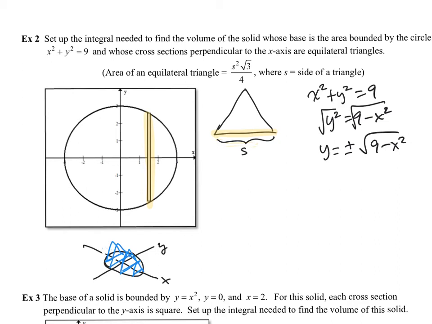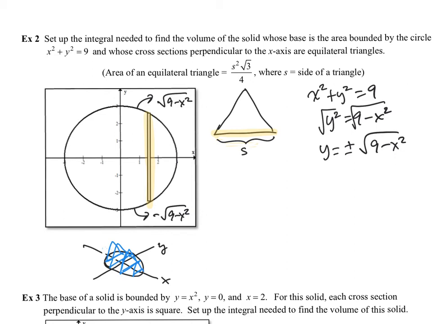In other words, this top part of the circle, its function definition is positive square root of 9 minus x squared, and this bottom part of the circle, its function definition is negative square root of 9 minus x squared. Okay, so if I wanted to find this distance from here to here, I would take the top function minus the bottom function, or the square root of 9 minus x squared minus a negative square root of 9 minus x squared. And remember, when you subtract a negative, it's the same thing as adding a positive.